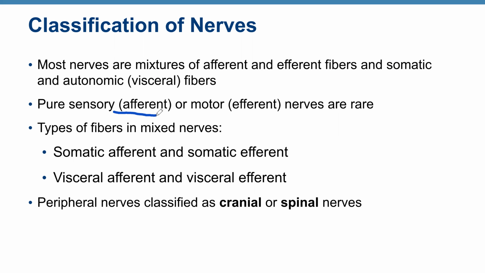We call them afferent nerves, or pure motor or efferent nerves, but they are rare. Types of fibers in a mixed nerve include somatic afferent and somatic efferent, visceral afferent and visceral efferent. Peripheral nerves are classified as cranial or spinal nerves. Now, if nerves branch from the brain, we call them cranial nerves. If they branch from the spinal cord, they are spinal nerves.